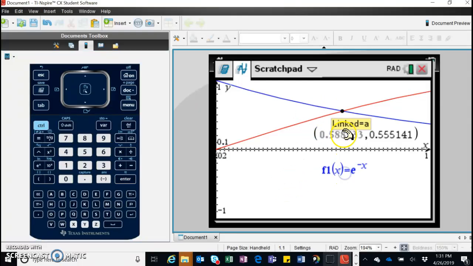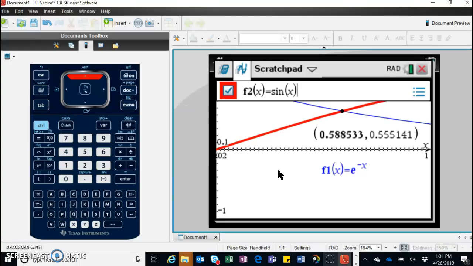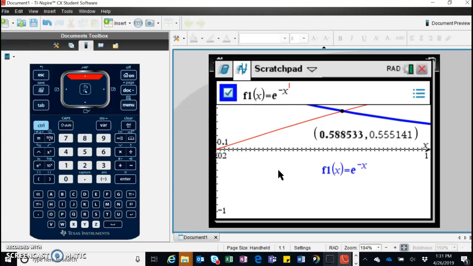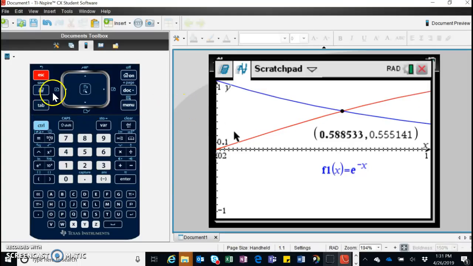Now look, that did adjust my intersection. So if you were thinking I was crazy earlier, you're not wrong. The intersection is actually 0.588. It updated automatically because I stored that. So thankfully I don't have to go redo my intersection. Let me just make sure I didn't screw up the other function too. So, okay, I got sine of x in correctly. I had just messed up the first one.